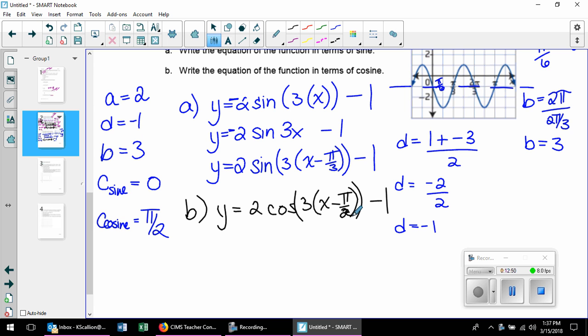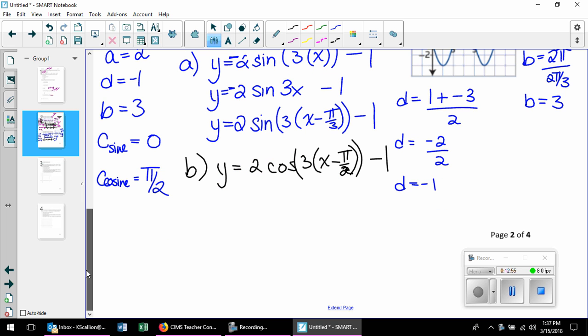How can I write this as a reflected graph? So I put the negative, but what am I looking for then for my shift? My first min, where's that going to occur? 5 pi over 6. So here's the thing, it sucks being the teacher in this unit because there's lots of correct answers.